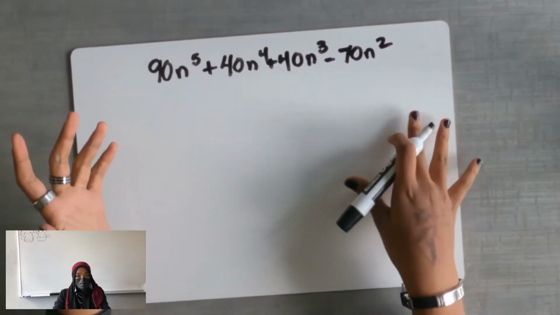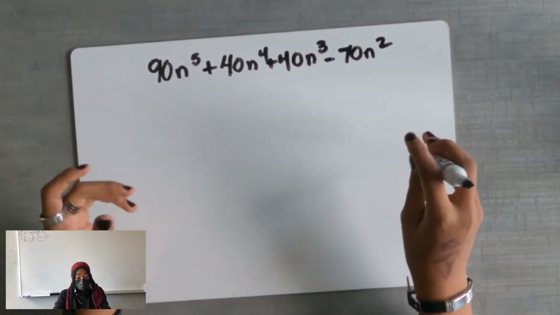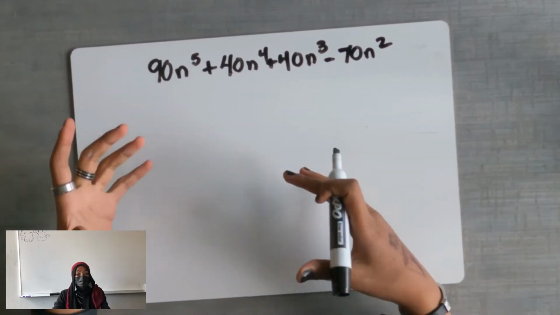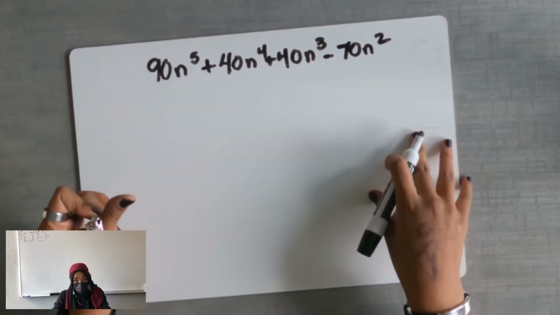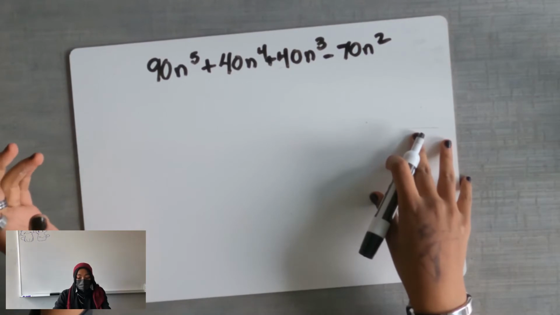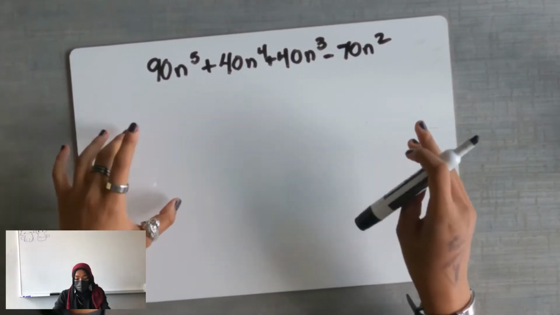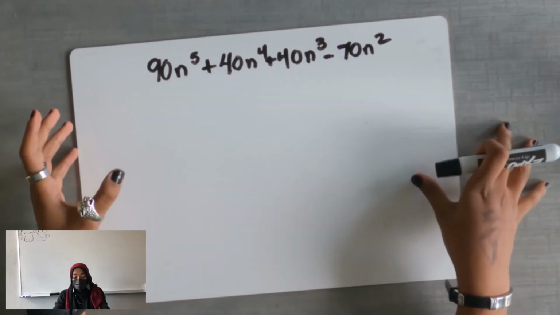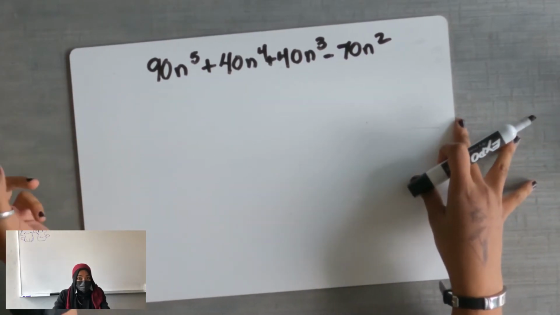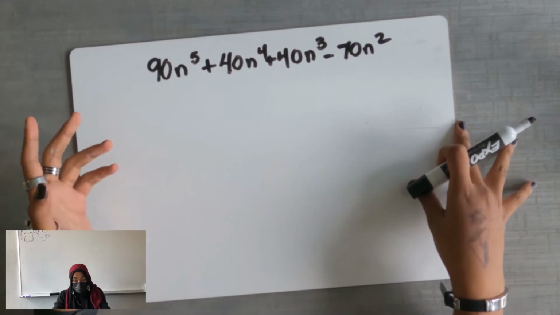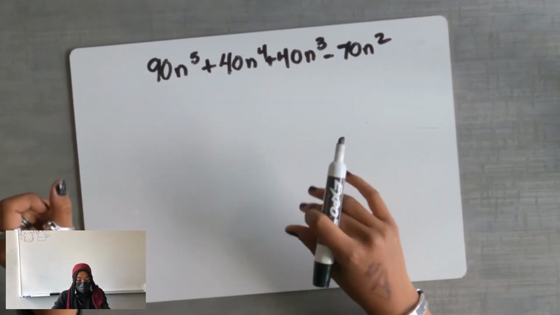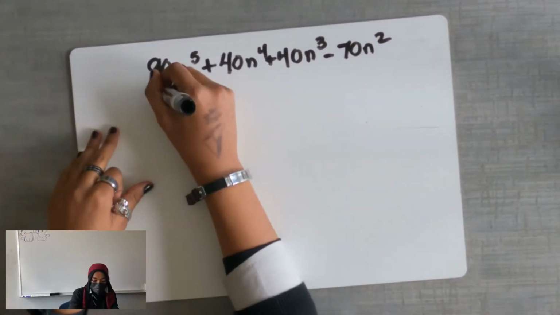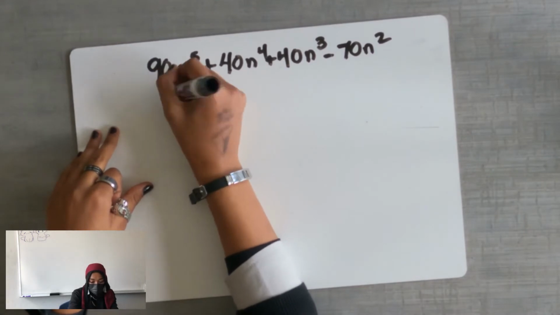When we look at our problem, we want to make sure we take out our common factor, our greatest common factor. Sometimes it's easier, especially in this case, we can see that there's a number and we also have a variable of n. We can take them both out at the same time, or if it helps you visualize it better, you can take one out and then the other. For example, our greatest common factor as a number is 10.